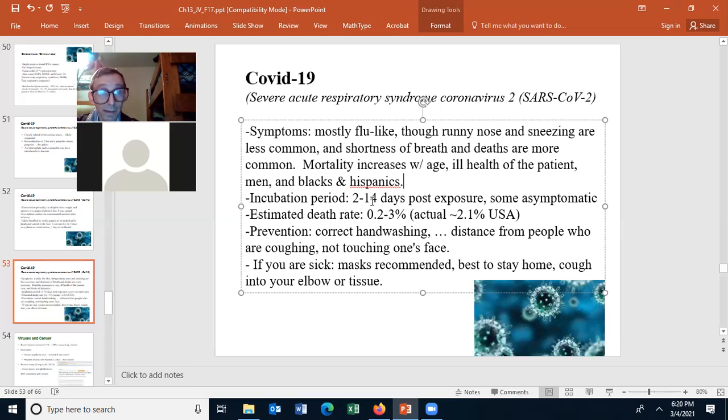The incubation period, this virus will infect a person, and the person will be 2 days to 14 days before they will have any symptoms. And that's assuming that they have symptoms.